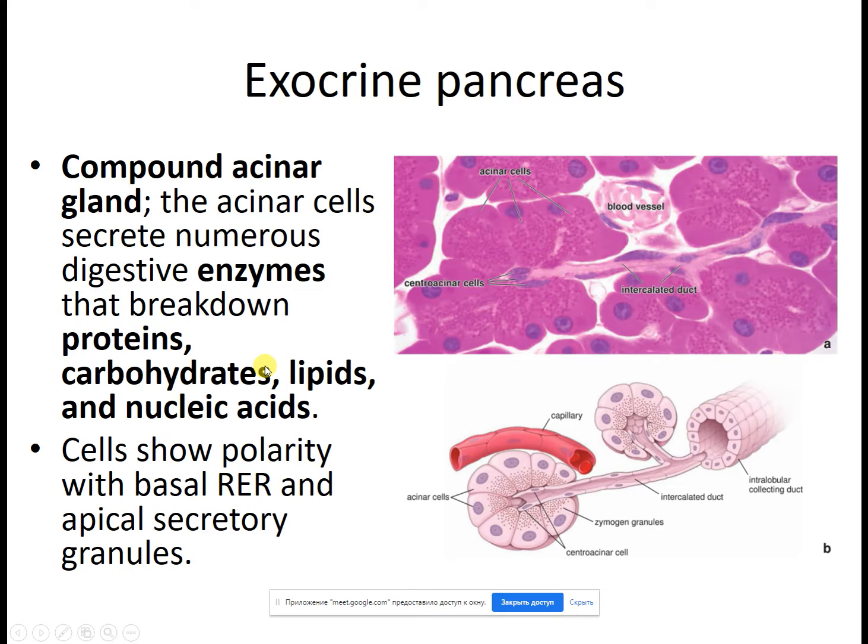And you can also remember that in saliva we had amylase, which is also responsible for carbohydrate degradation. But still, this amylase in saliva is not sufficient, and that's why it also needs to be produced by the pancreas.